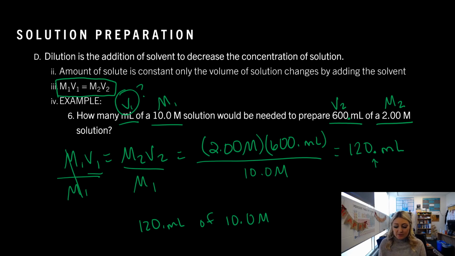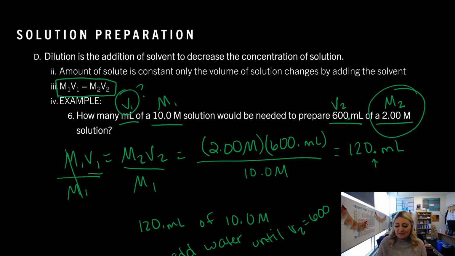Okay, to start. I am then going to add water until the final volume is equal to 600. When I add water to 600, I can expect the molarity to be 2.00. So it tells us what to start with and then what our final volume is going to be.